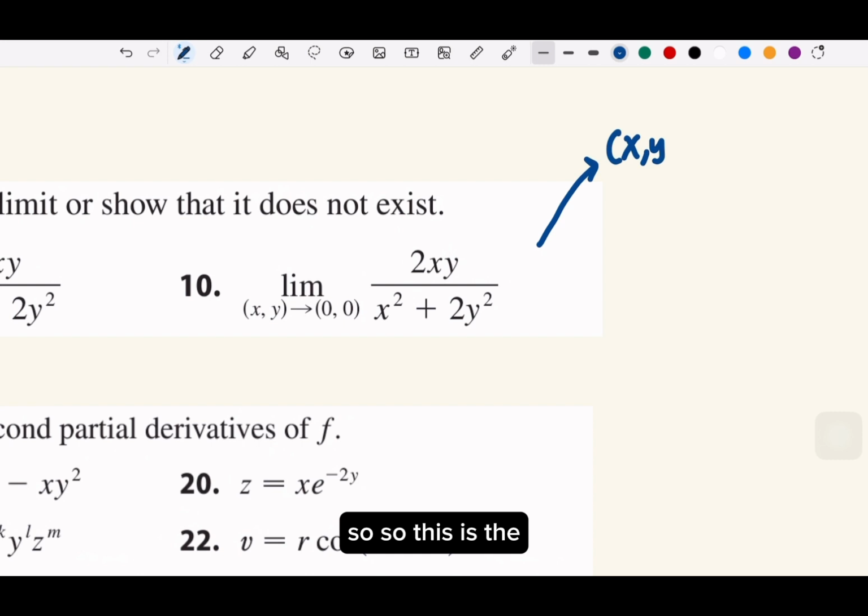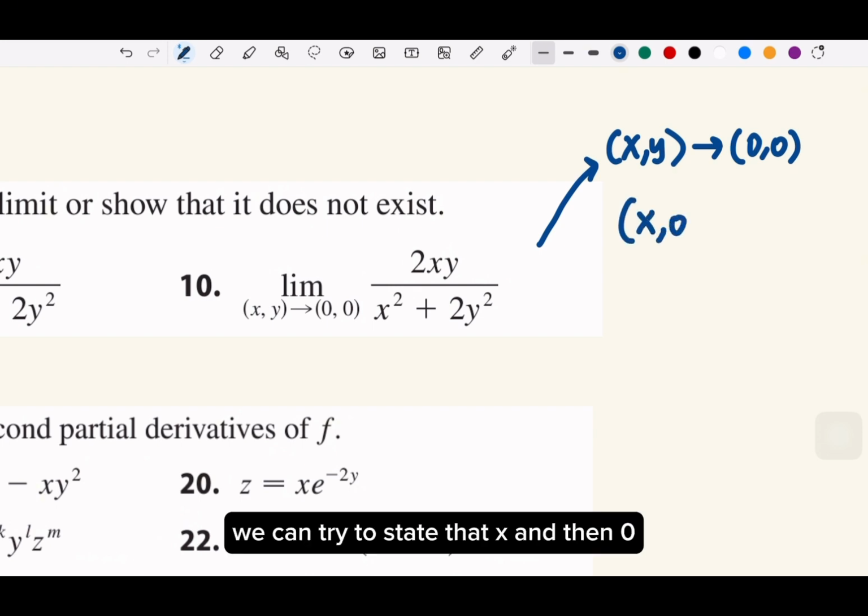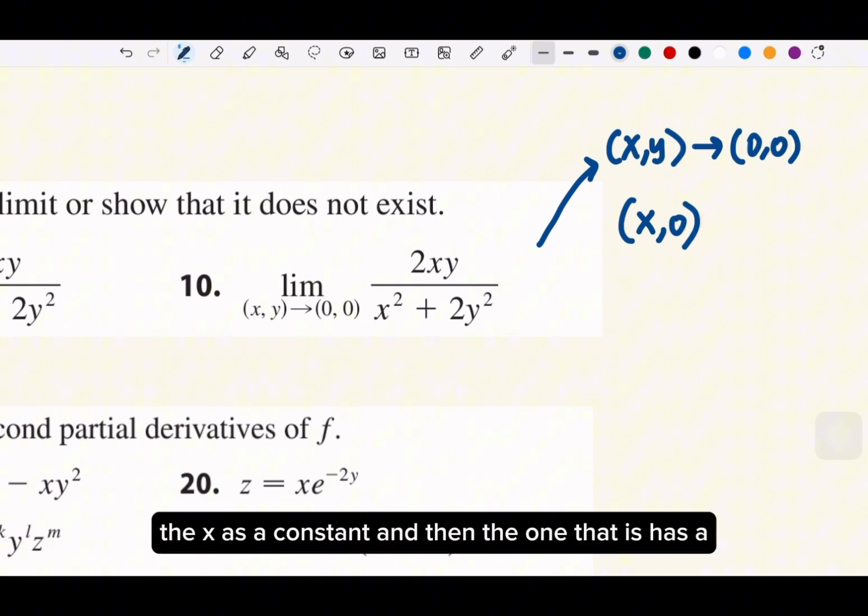So we need to get closer to x to 0, y to 0. We can try to state x and then 0. So we keep x as a constant, and the one that has a number is y. So y is getting closer to 0.